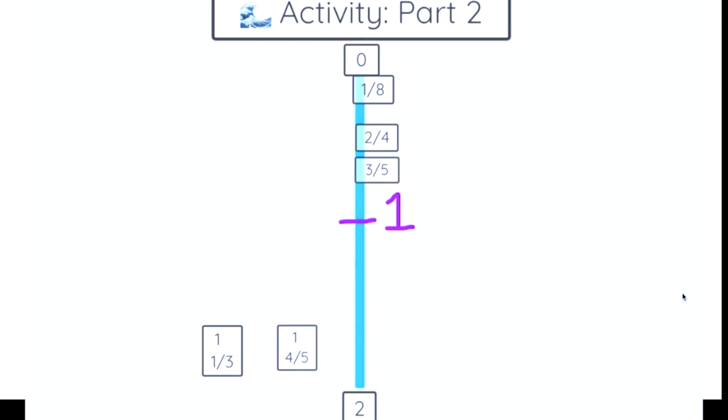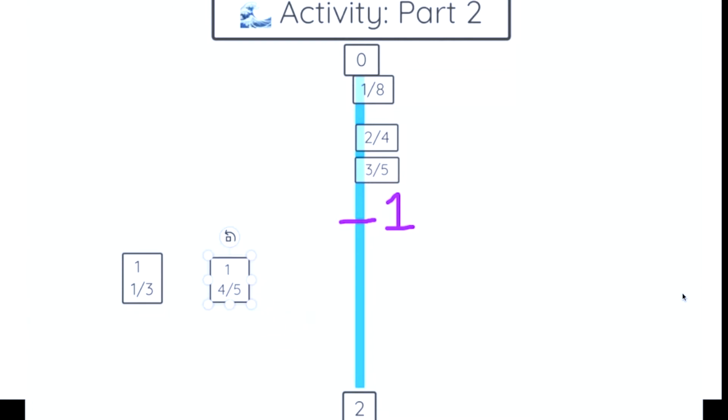So now looking at values greater than 1, I have 1 and 1/3 and 1 and 4/5. The way that I'm going to first determine where 1 and 1/3 goes is I'm going to split what's left between 1 and 2, this area on my number line. I'm going to split it into 3 parts because 3 is my denominator.